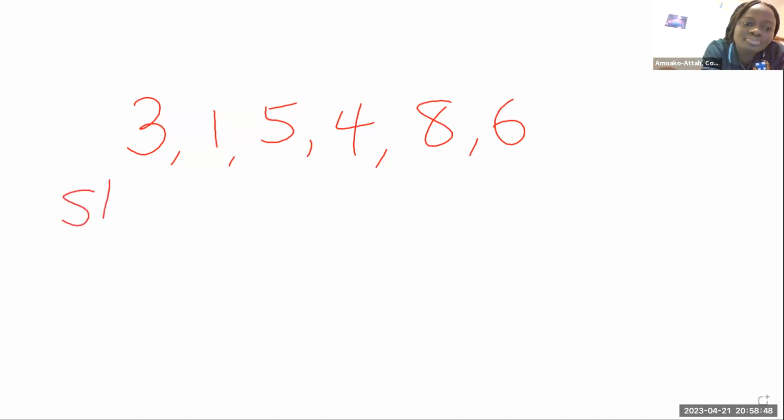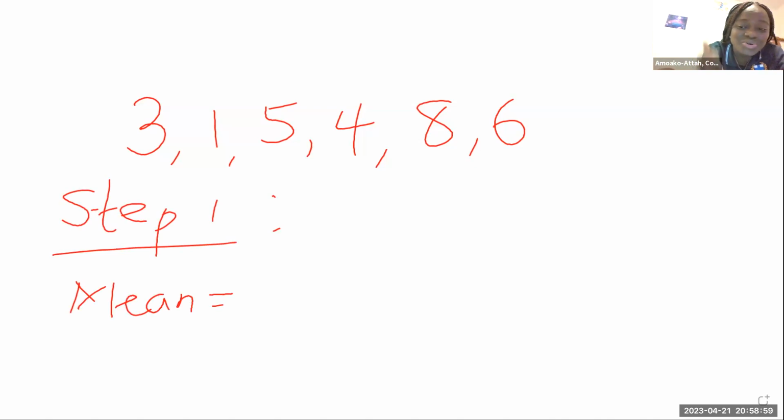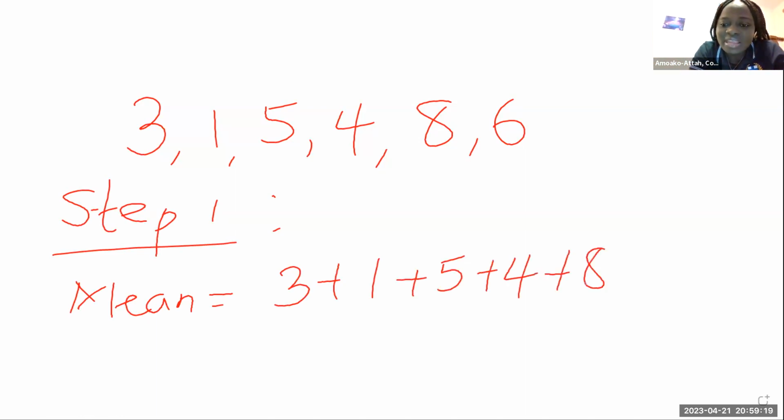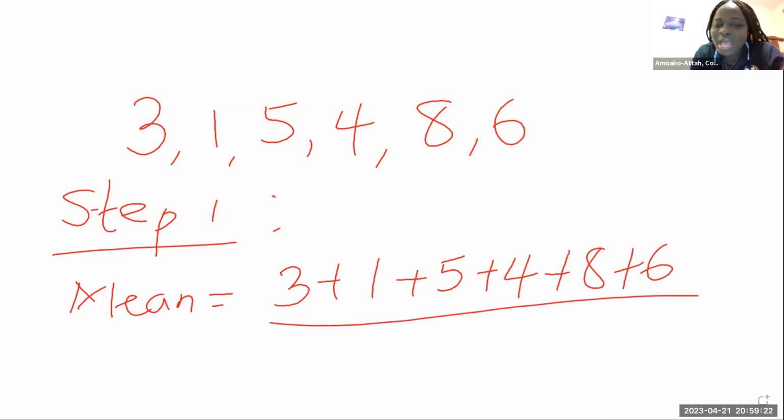Step 1, find the mean. And I hope you know how to find the mean. If you have forgotten, go back to our previous lesson and revise your note. All right. So the mean is what? The summation of all the numbers divided by how many numbers we have in all, right? So we have 3 plus 1 plus 5 plus 4 plus 8 plus 6 divided by how many numbers do we have? We have 6, right? So if you add all these ones, what are you getting?